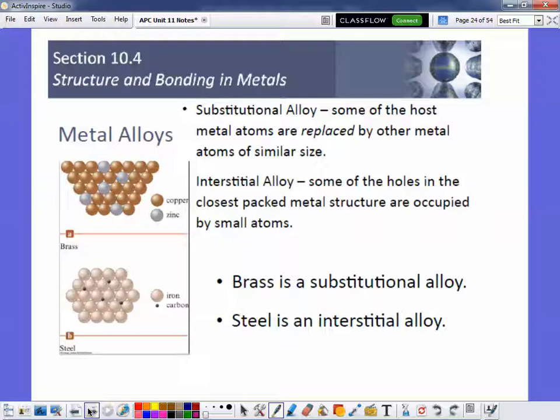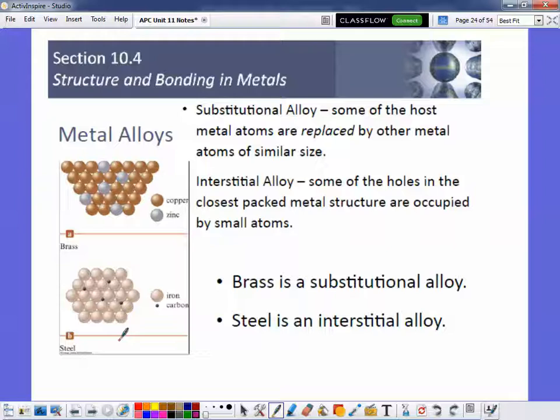So in a substitutional alloy, like what's happening in brass, you take pure copper and then some of the copper is replaced with zinc atoms, and this happens because they're roughly the same size. Okay? An interstitial alloy, which is what's happening in steel here, is you take pure iron and you heat it with carbon, and the carbon atoms, which are significantly smaller than iron, kind of shove their way in between some of the gaps.